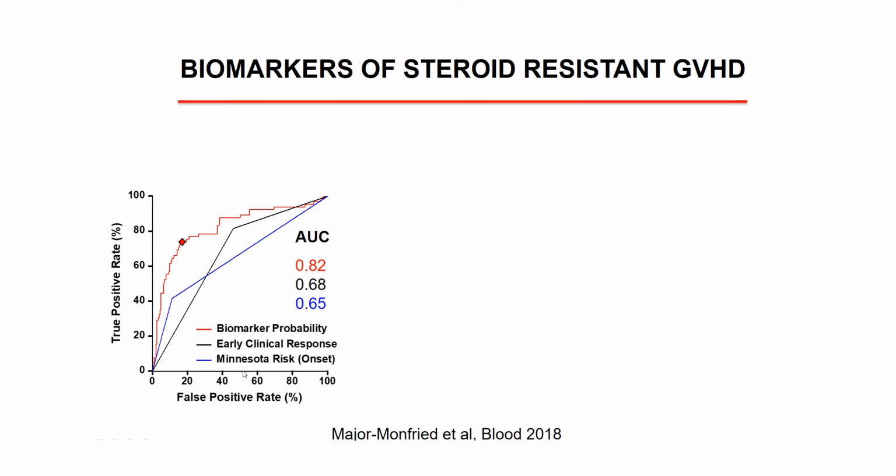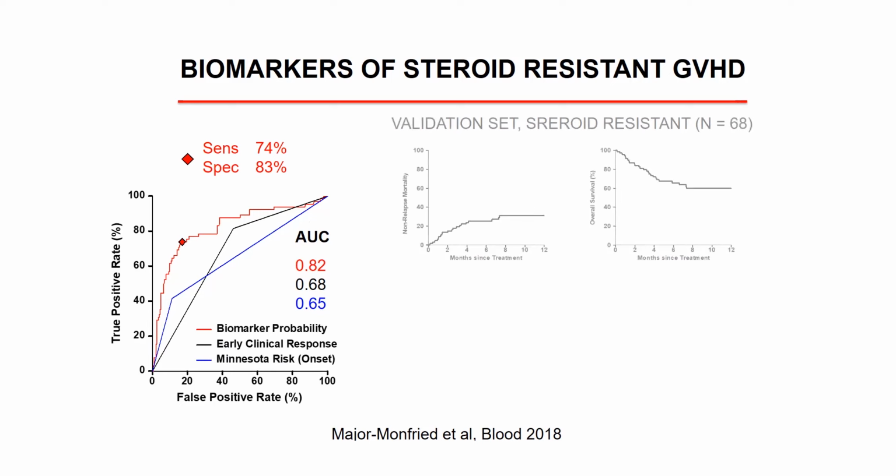The Minnesota risk at onset, so high risk versus low risk, only gives you a 0.65, but the biomarker AUC is 0.82. And what you see at the diamond, that's the threshold for the high risk, that has a sensitivity of 74% and a specificity of 83%.